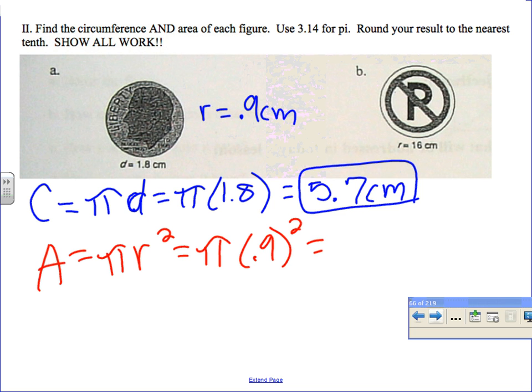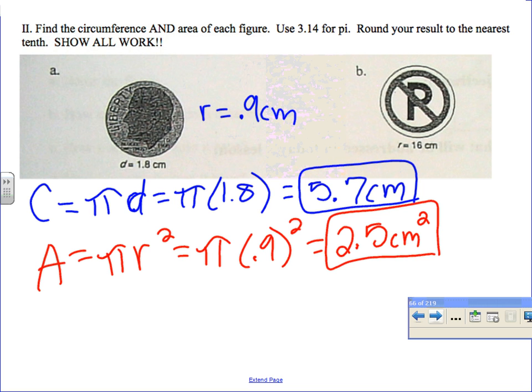So go ahead and do that. Square 0.9 first and then multiply that by 3.14 so you know that you're doing this correctly. And rounding to the nearest tenth, what did you get for letter A? Alexis? Good, 2.5. And that one is already rounded, and we have centimeters squared. Don't forget when we find area to make sure it's units squared.